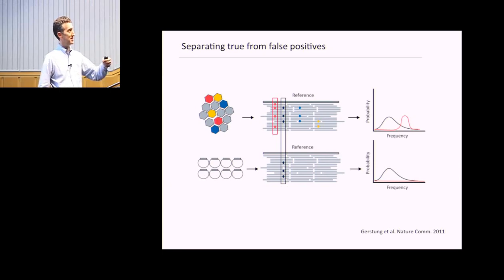So you take a plasmid, you put it through the same library prep, you sequence it in the same flow cell, and so you have a large number of reads on that plasmid sample. And that'll tell you the background noise. And a true mutation in your sample, shown here as red, will have a different frequency profile. And then you can distinguish them using a binomial.